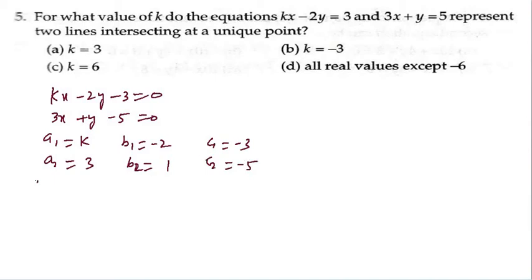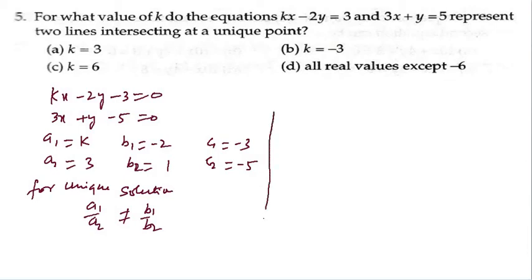For a unique solution, a1 upon a2 is not equal to b1 upon b2. So put the values. a1 is how much? a1 is k and a2 is 3, not equal to b1, that is minus 2, upon 1.